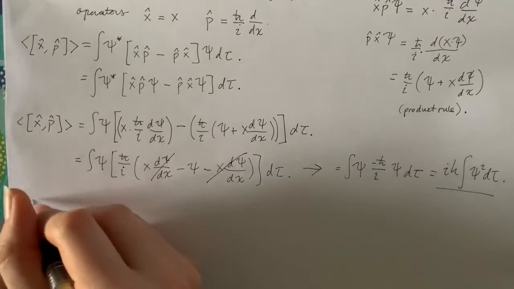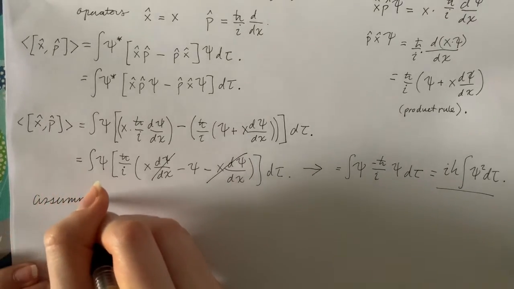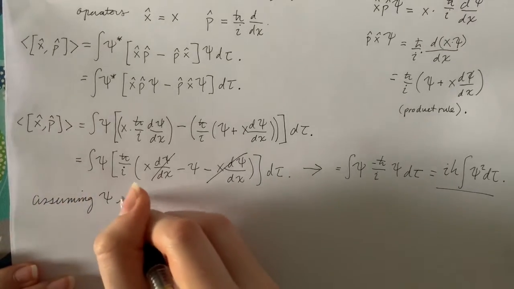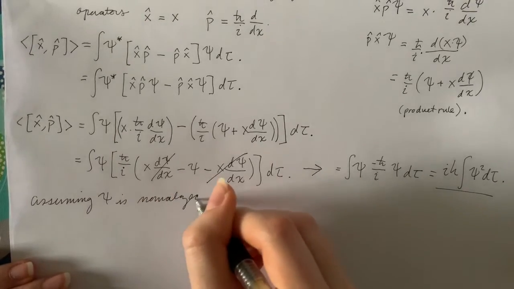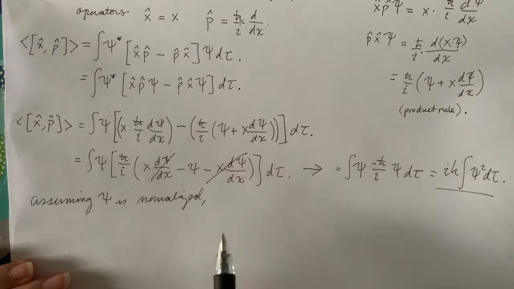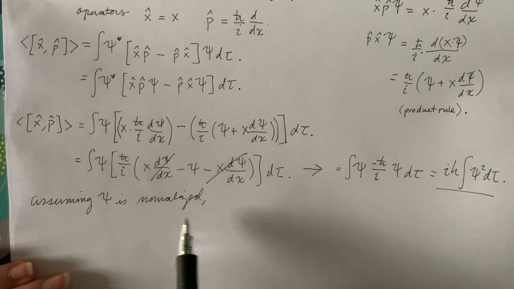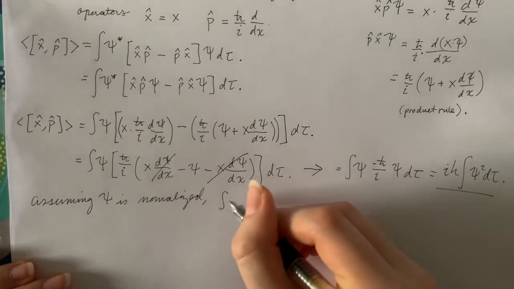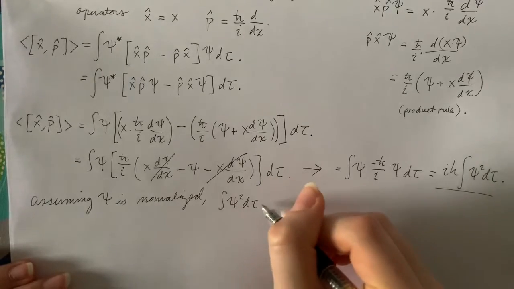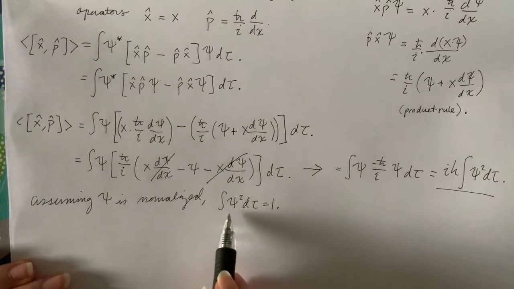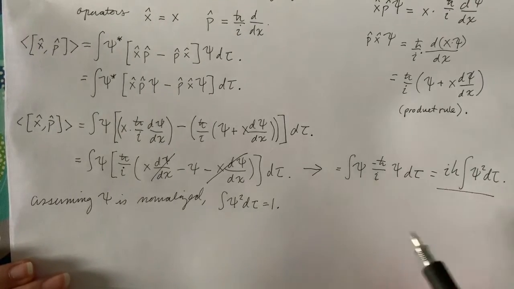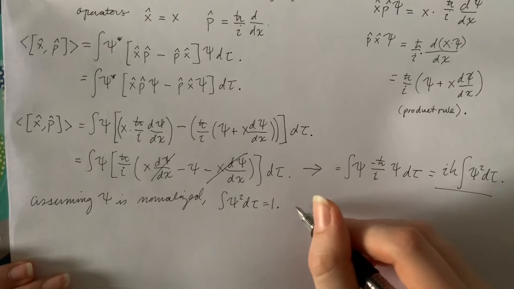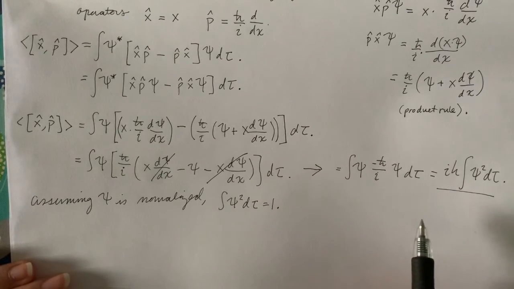So assuming psi is normalized, then we know from the normalization integral that the integral of psi squared d tau is 1. Because once we include that N constant, the particle has to exist somewhere. So if we're saying that, how do I say this?